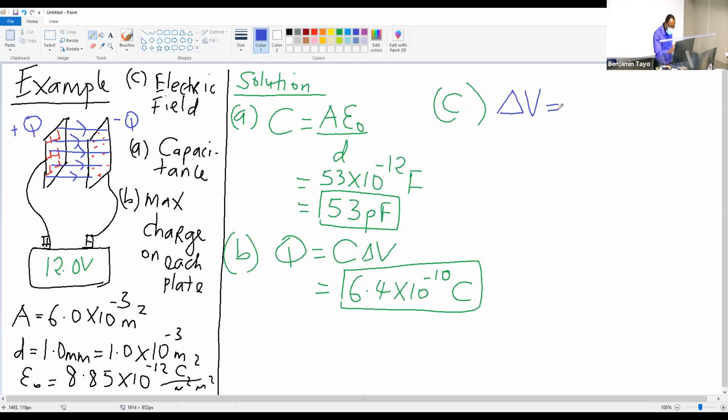In terms of magnitude, we can calculate this by taking the integral of the electric field. But since the electric field is uniform, you just pull it out of the integral and multiply it by the separation between the two plates.